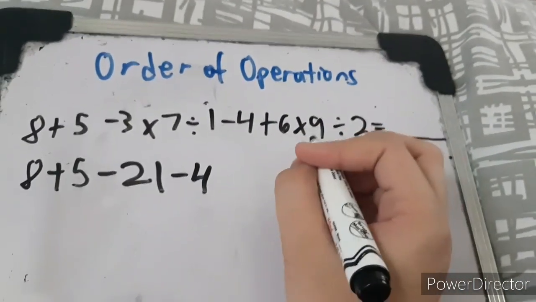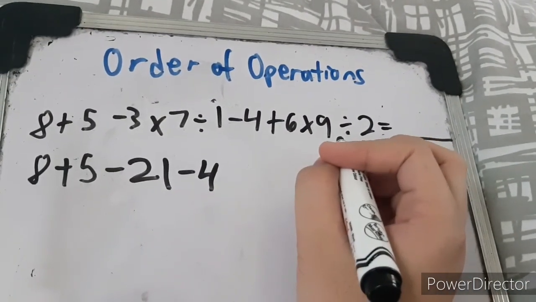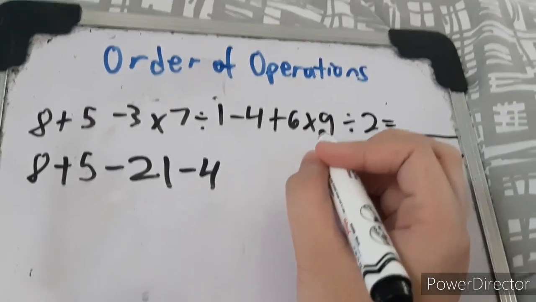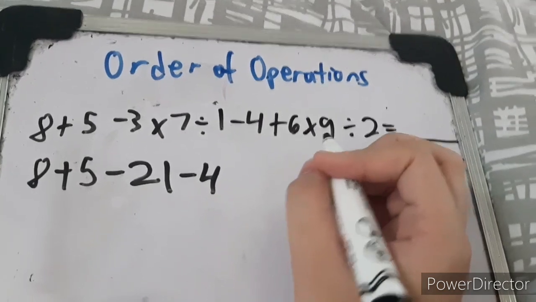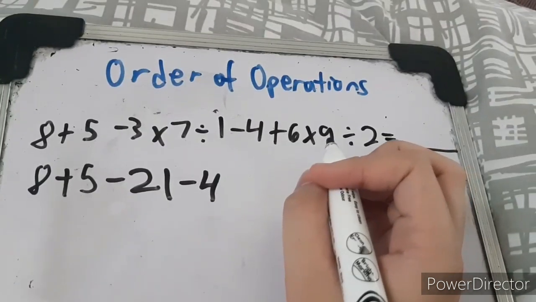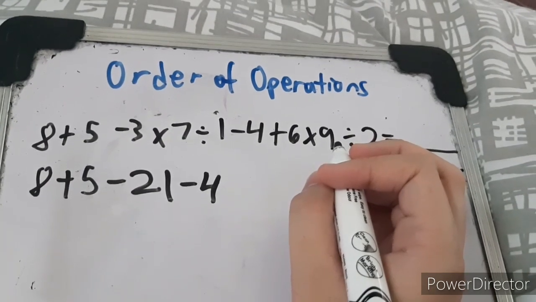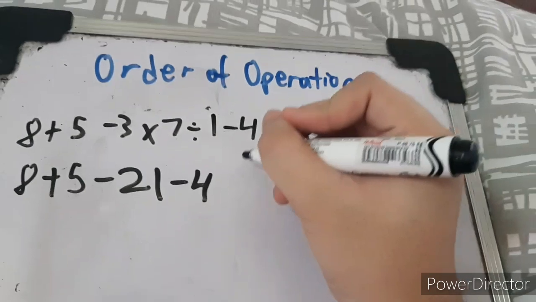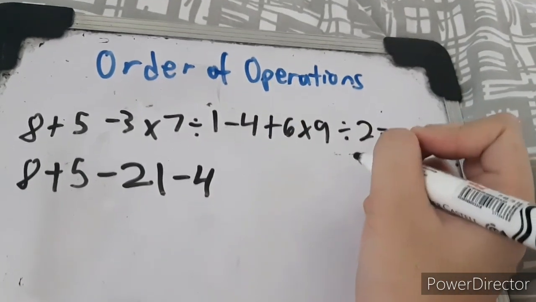Plus 6 times 9 is equal to, dapat alamin mo yung tables of 6 or tables of 9. So, in this case, 6 times 9 is equals to, alam mo yung sagot. Tama, 54. So, 54 divided by 2.